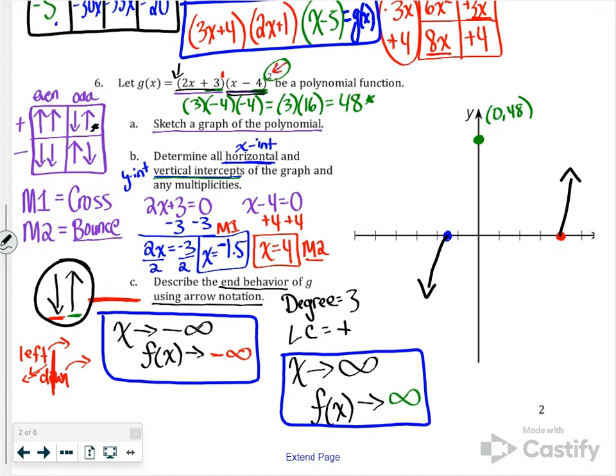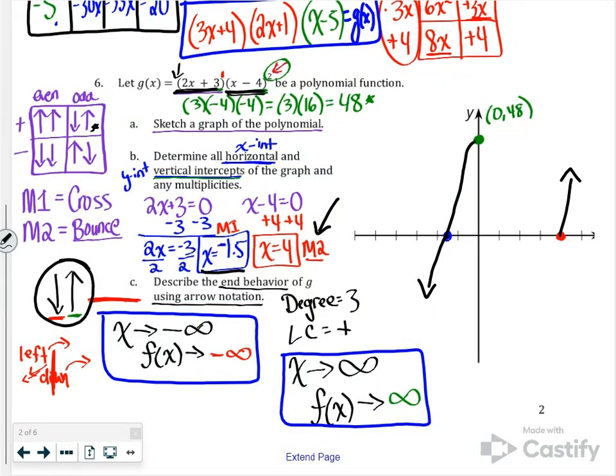So the real question is, how do we figure out how it crosses and goes up and down? And one thing I want to remind you of is that there should be no other crossings, because we just found the crossing here and here. So really we need to pay attention to this bounce that's supposed to happen at the red dot at positive 4. So that tells me that this blue one is going to just be a cross through because its multiplicity is 1.